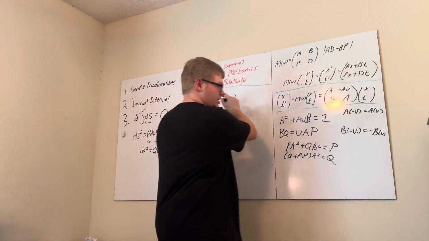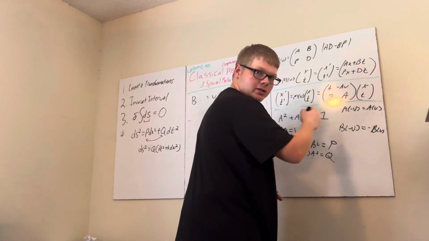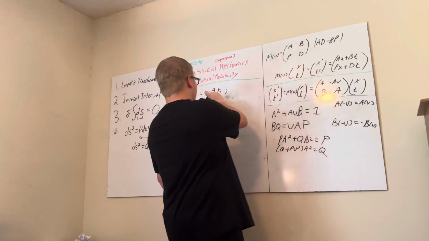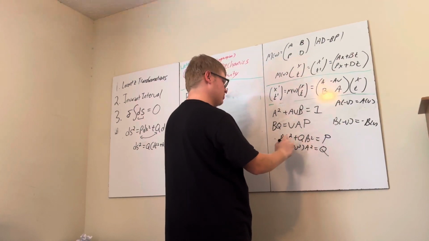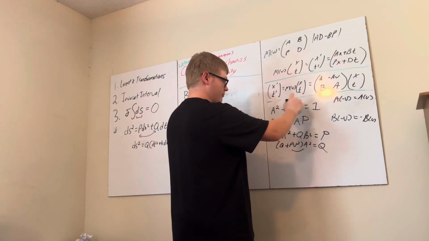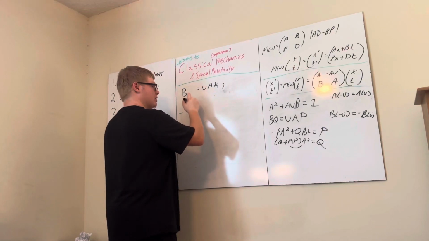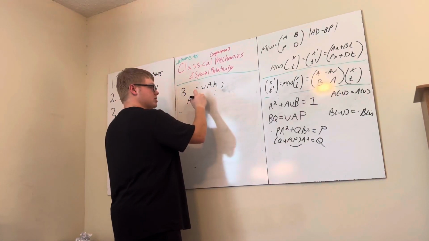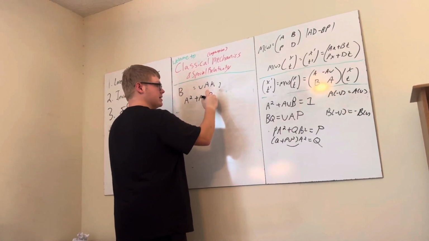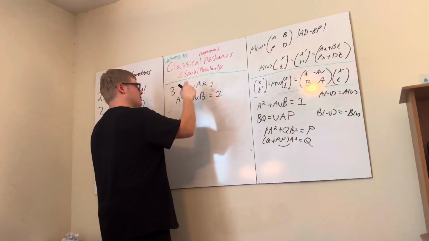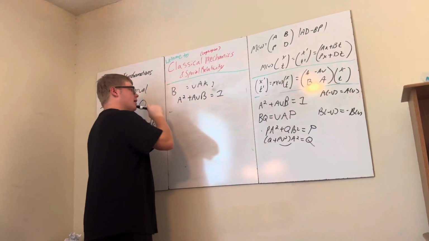When you plug this into these equations, they end up being all the same. They end up being kind of redundant. So that leaves us with this equation: a plus avb equals 1, and some constant k.